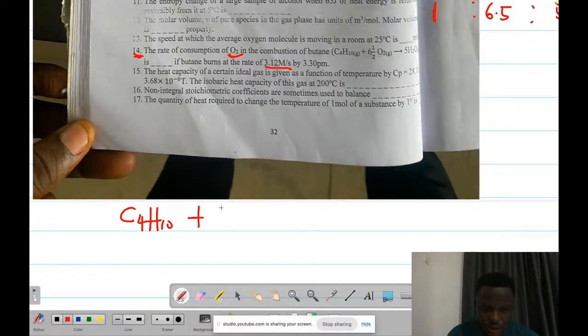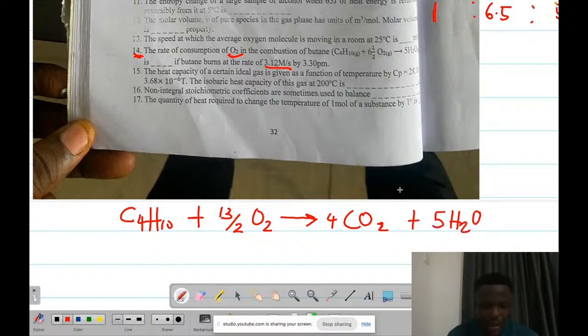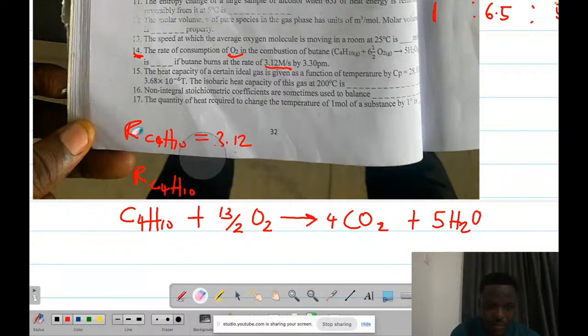So this guy is going to be 13 over 2 O2, giving us 4 CO2 plus 5 H2O. Now, remember they gave us the rate of C4H10 to be equal to 3.12. Okay, let me write it here. The rate of C4H10.